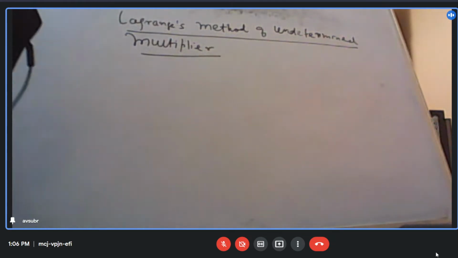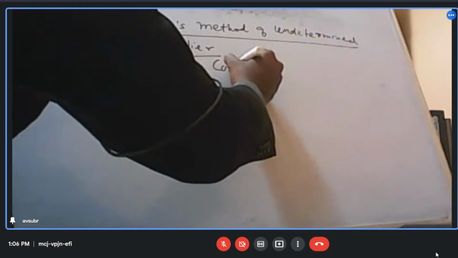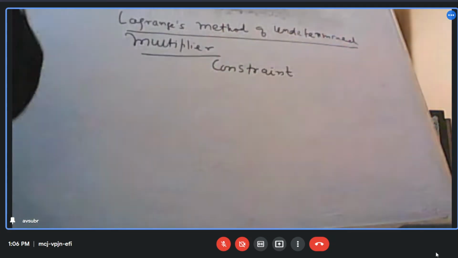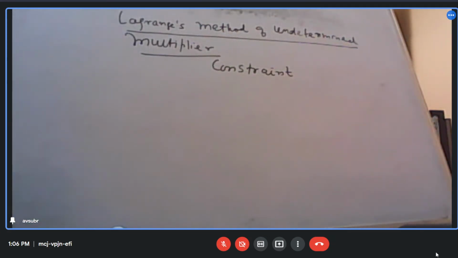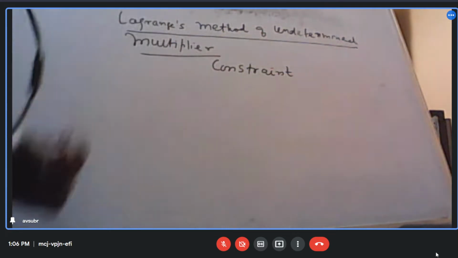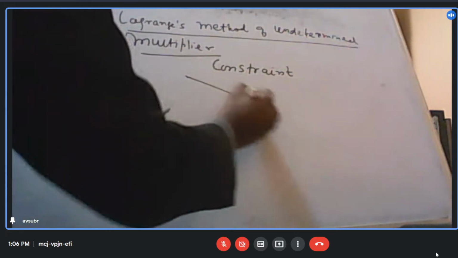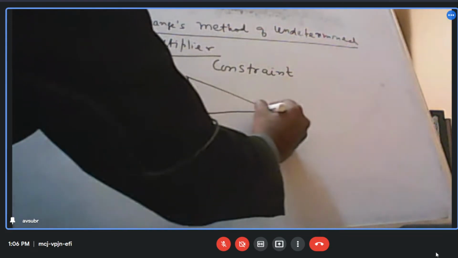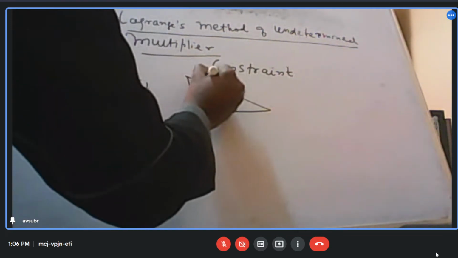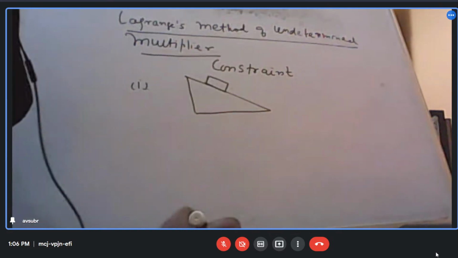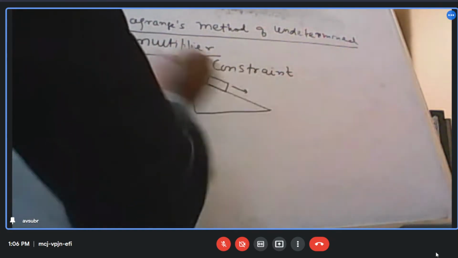So what do we mean by constraint? In other words, restrictions. For example, let us say you have been given a box which is on this inclined plane. It is sliding.